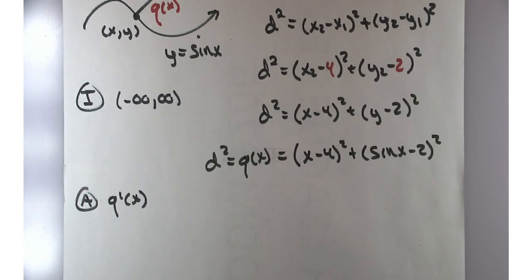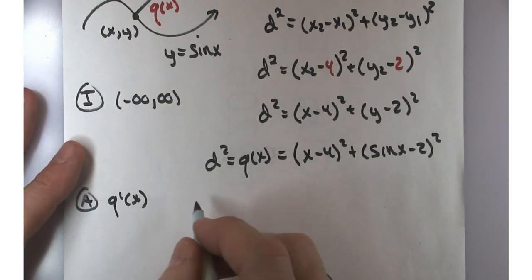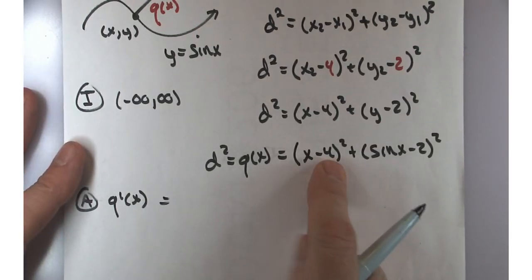Keegan, what are we going to get for the derivative? What's q prime of x going to look like? Okay, fair enough.